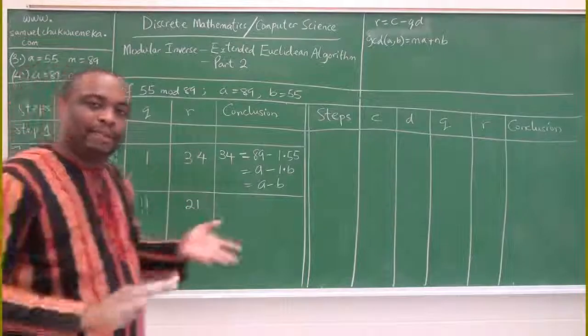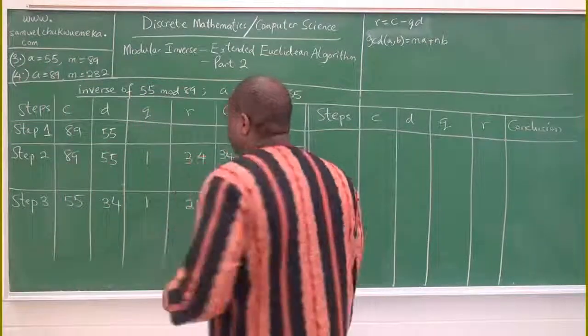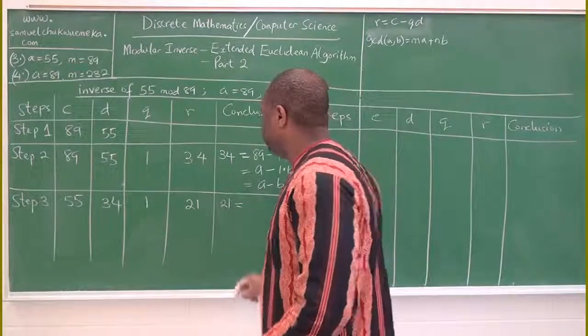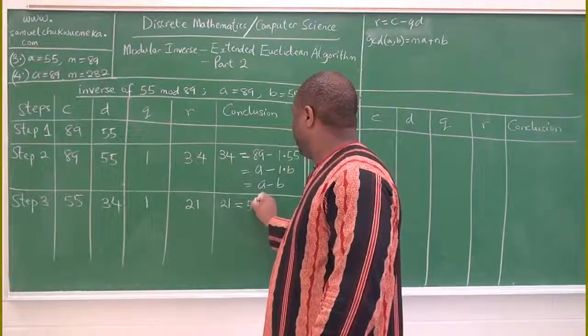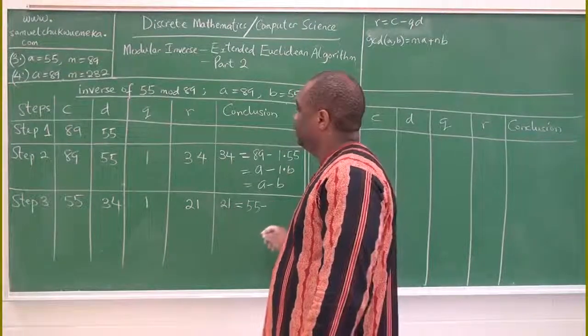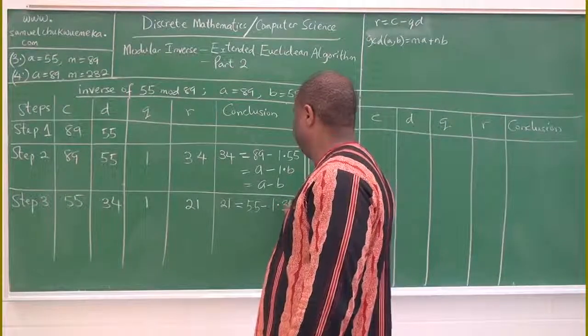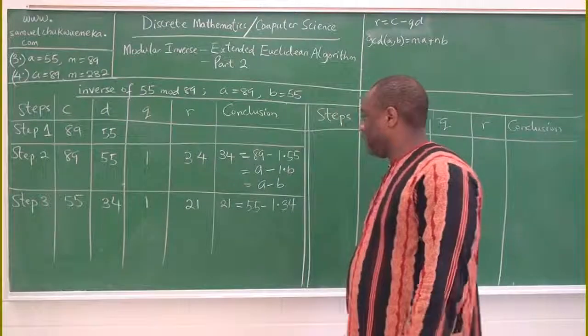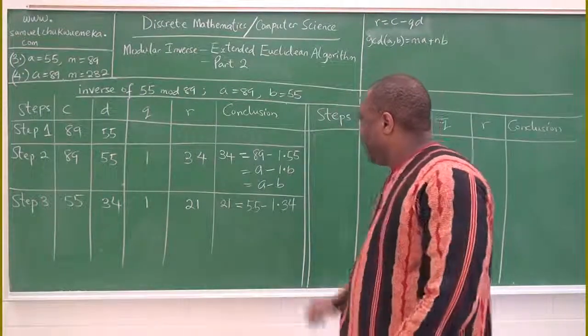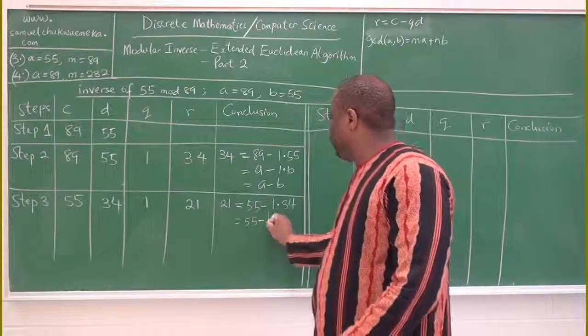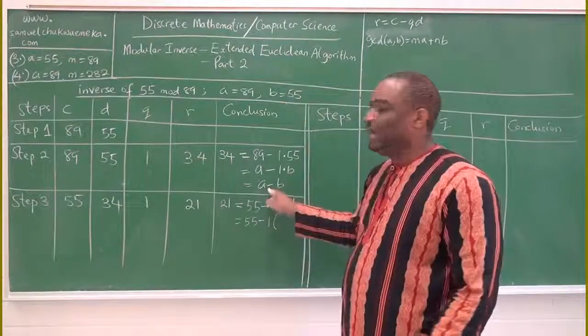Now, calm down. You do this step by step. So now our R, 21, will be equal to 55 minus 1 times 34. And that will be equal to 55 minus 1 times, what did we get as 34?